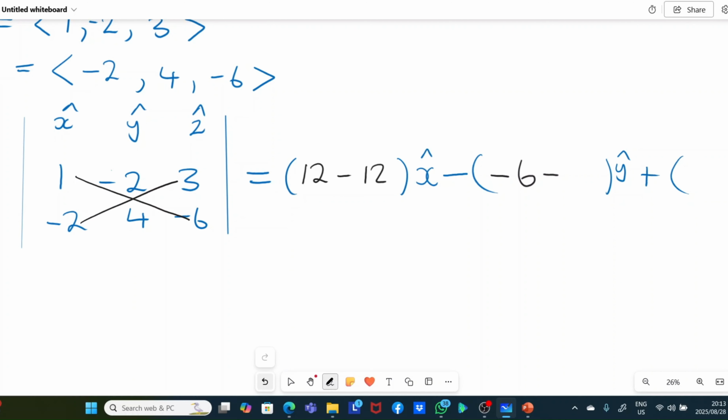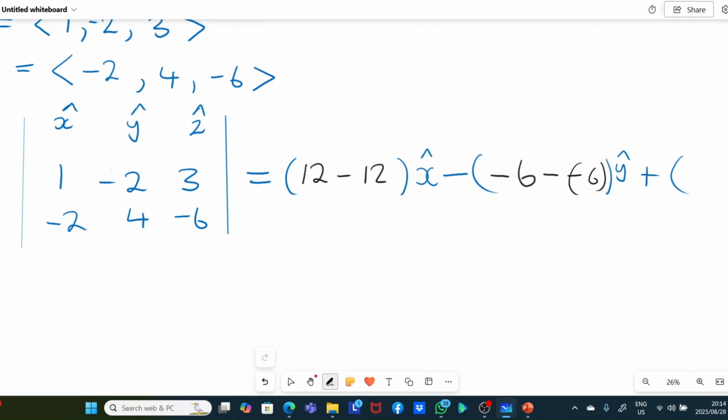If I put plus, however, I must say minus 6 minus 6 in the other order. For this one it does not matter because it's 0, because that's what we are proving. But that order matters if the number is not 0, so keep that in mind. So we get minus 6 minus 6.